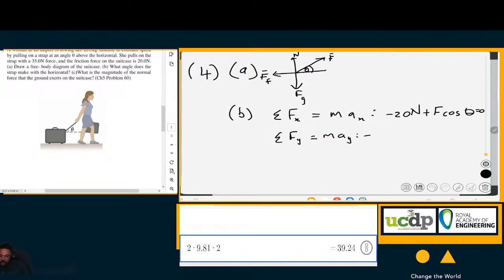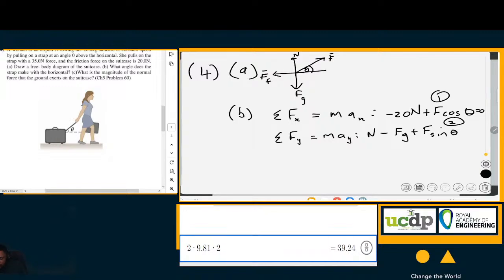It is the normal force minus the weight, minus Fg, minus another force, that is the vertical component of the force it's pulling with, and it is positive F sine of theta. So now you have two equations.